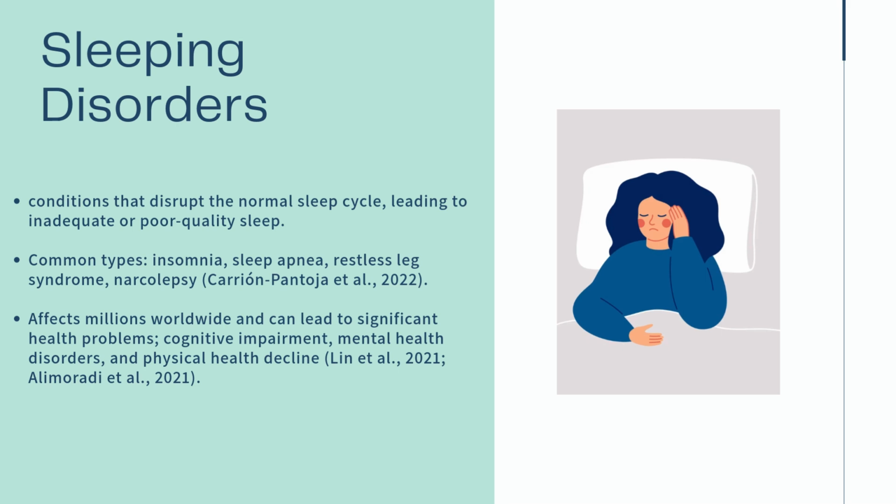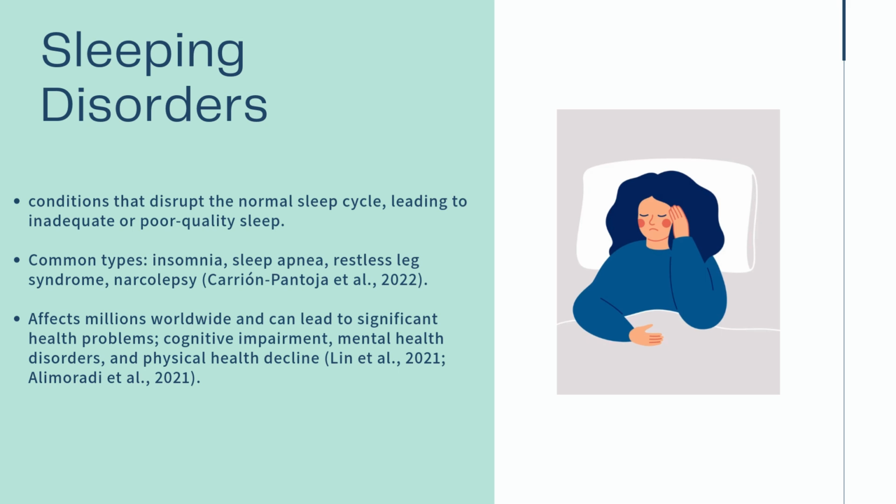It is important to know some of the most common types of sleeping disorders, such as insomnia, sleep apnea, restless leg syndrome, and narcolepsy. These disorders affect millions of people worldwide and have profound impacts on both physical and mental health.